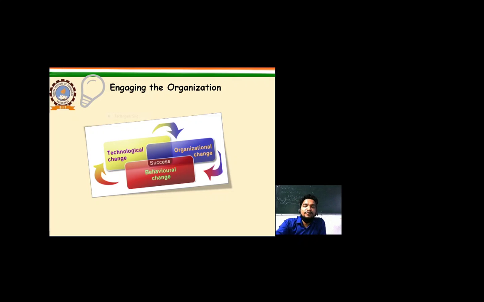So, if organizational change, behavioral change, and technological change combine and exist in a merged form, definitely success would be there.